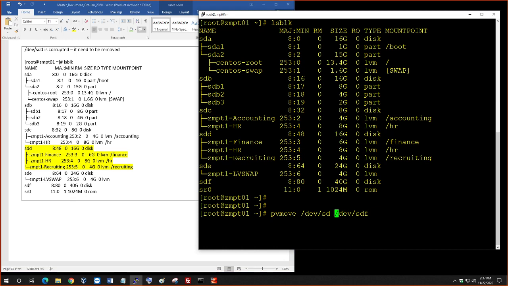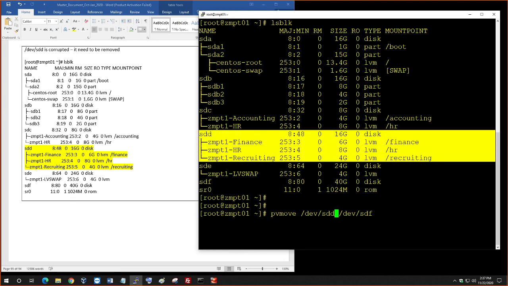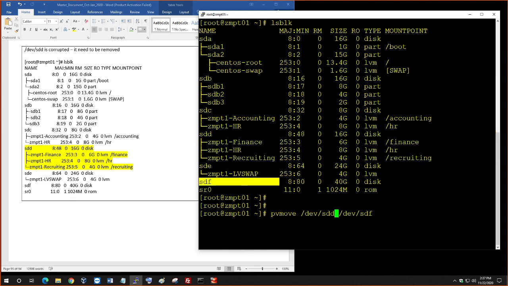Okay, depending on the size, it will take a few minutes, and what it will do is replicate these partitions onto SDF. Okay, so I'm going to go ahead and hit enter.